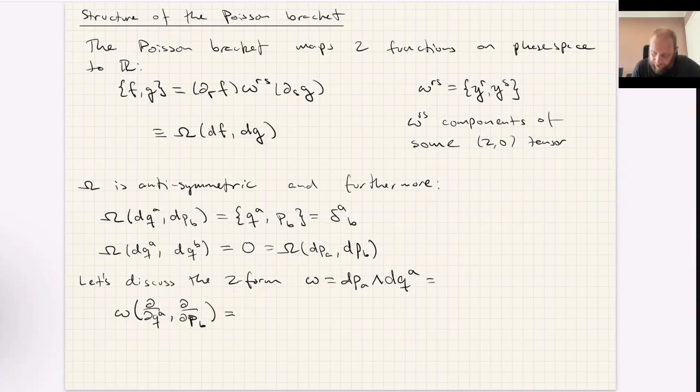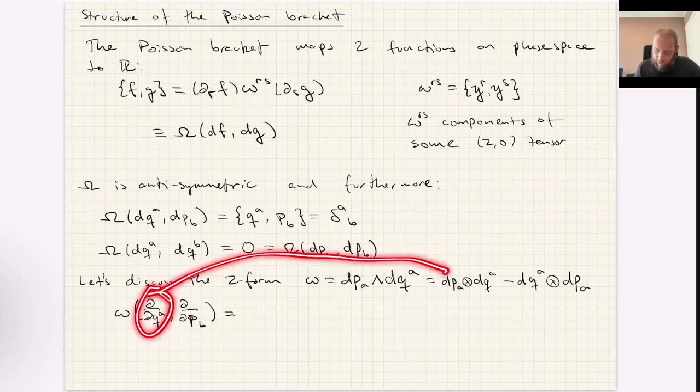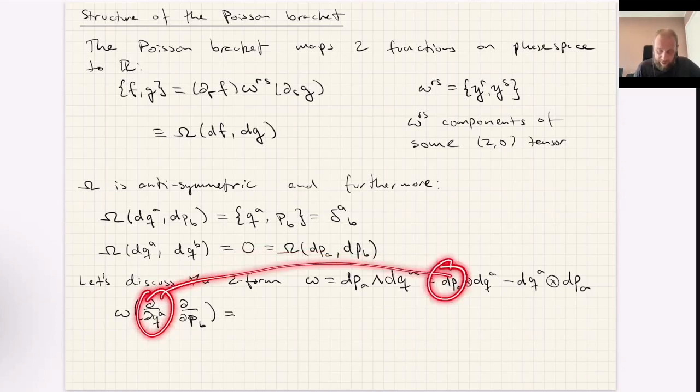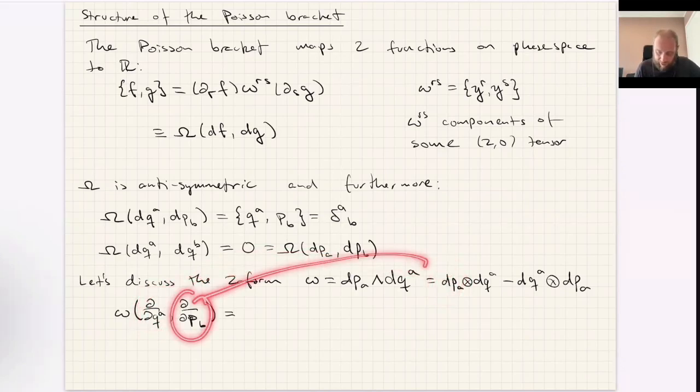It's antisymmetric: dp_a dq^a minus dq^a dp_a. When I insert the ∂/∂q^a in the first term here, I get a 0 because they are independent. When I insert the other one there, I get a 0 as well. However, when I insert in the second term, I get something non-zero, and essentially I get a minus delta^b_a.